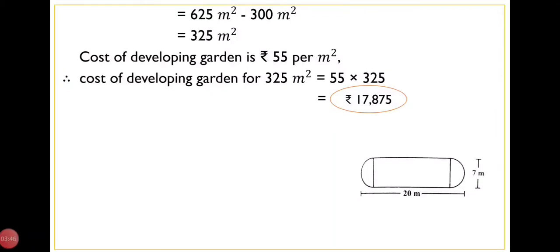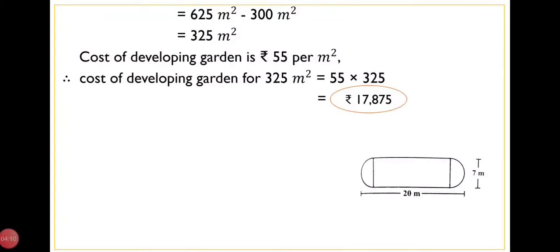Now we have to find the area and the perimeter of the given garden. Its breadth is given as 7 meter and the length of the whole garden is 20 meter.